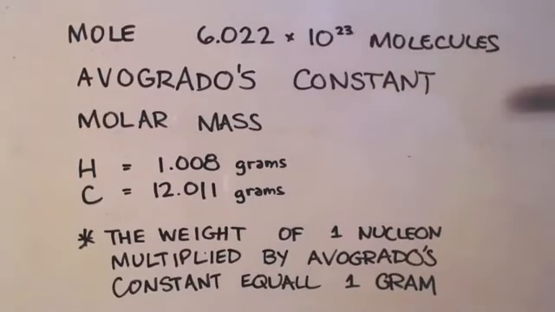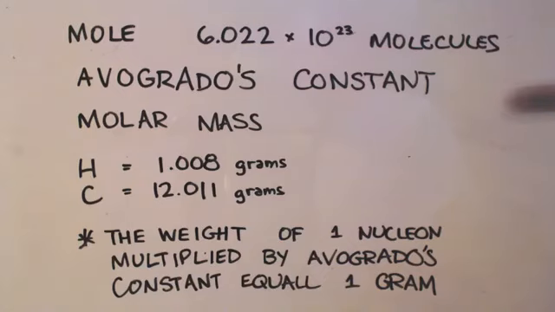And that's where Avogadro's constant comes in. The weight of one nucleon, and a nucleon is either a proton or a neutron, just an FYI, people call that a Dalton or an AMU, atomic mass unit, multiplied by Avogadro's constant equals 1 gram.